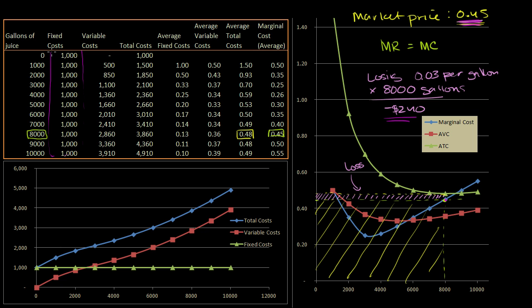But the simple answer is, assuming these really are your fixed costs, you still want to produce as many units as possible so that your marginal cost is equal to your marginal revenue, which in this case is the market price. We are price takers. So it actually is a rational thing to produce 8,000 units and take a $240 per week loss as opposed to just producing nothing and taking a $1,000 per week loss.